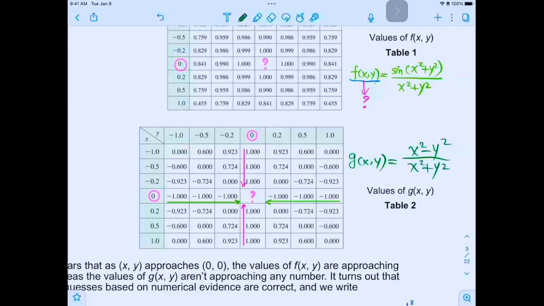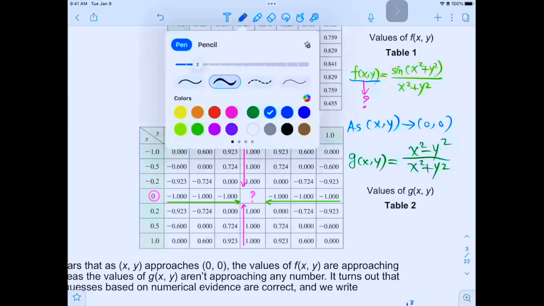Again, we're going to make the table this way. So first, I'm going to keep the x fixed. Remember, we're trying to see, as x, y approaches 0, 0, what this one here approaches to.